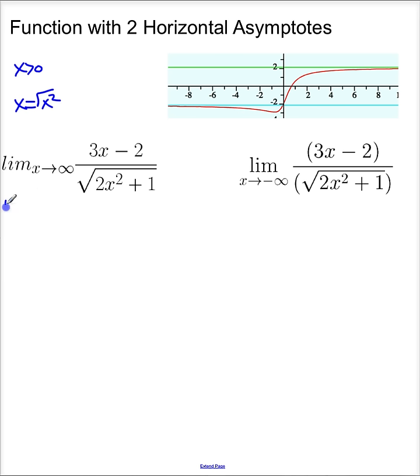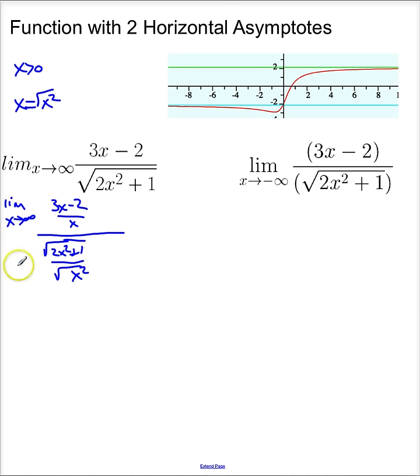So this is the limit as x approaches infinity of 3x minus 2, and I'm going to divide this by x. Now I'm going to divide this one, square root of 2x squared plus 1, by x as well, but instead I'm going to use the form square root of x squared, so I can bring it inside the radical.